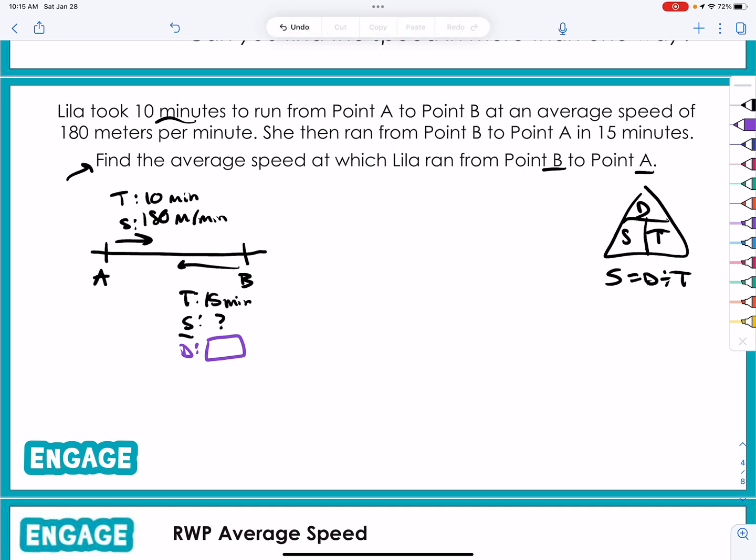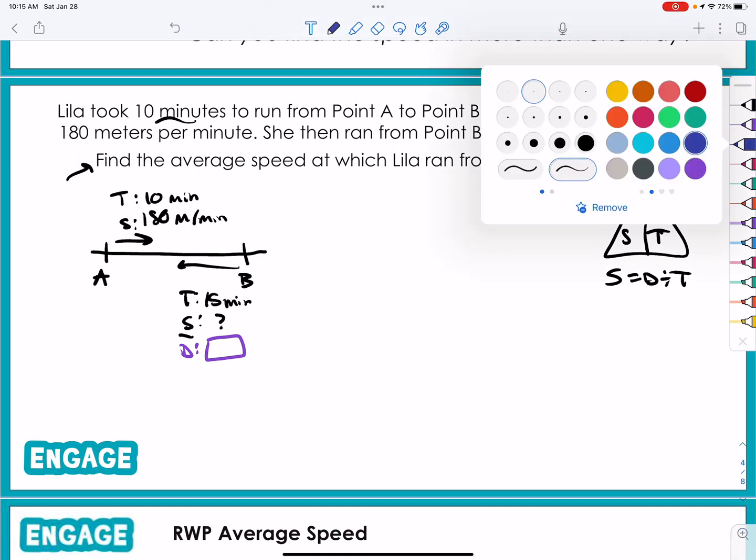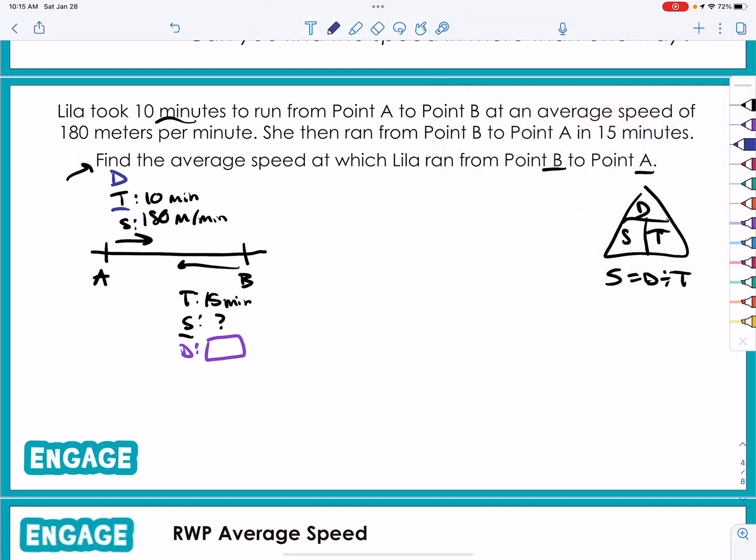So if I know in this top part here, the time and the speed, going back to my triangle, I can calculate that distance because distance is speed times time. So if I find this value from A to B, that's going to give me my missing piece for B to A, and then I can get on to answering this question. So our distance is 180 meters per minute times 10 minutes.